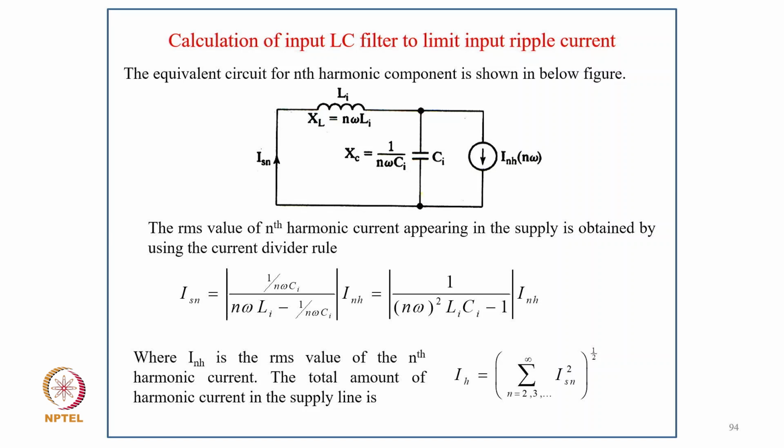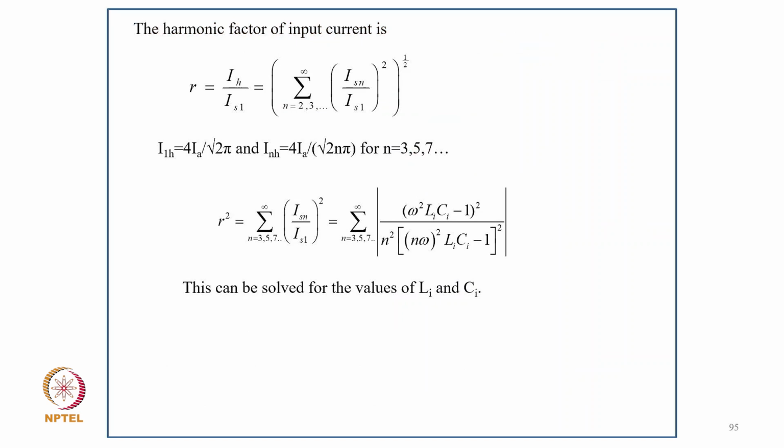The total amount of harmonics contained in the supply line is IH equal to the square root of the sum over n from 2 to infinity of ISN squared, and the harmonic factor is IH upon IS1. If we put n equal to infinity, it is the sum of (ISN upon IS1) squared to the power half, where I1 equals 4I upon √2π and INH equals 4I upon √2 nπ for n equal to 3, 5, 7, all odd harmonics.